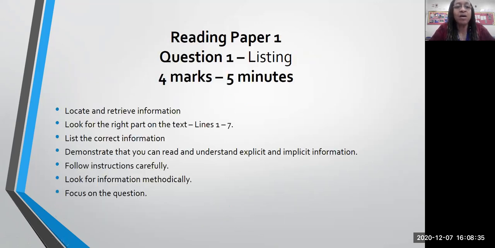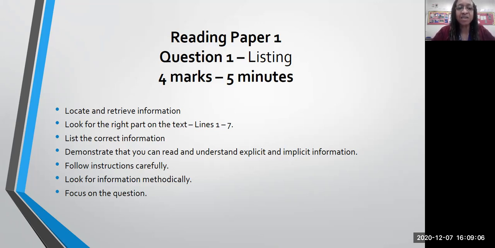Now, I hope that you've been able to read the text Jamaica Inn. So we're going to have a look at the first question. The first question, number 1, is the listing question. What the question is asking you to do is to find information. It's really important that you read the questions in the exam carefully. Look at what it's asking you to do. Look at what it's asking you to find.